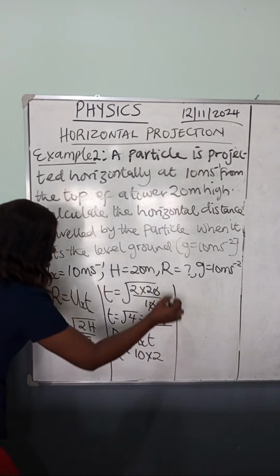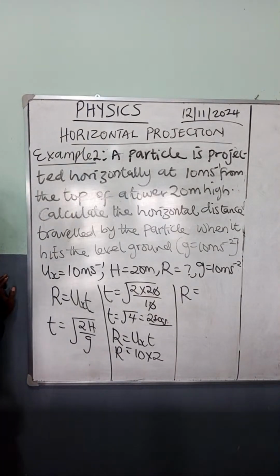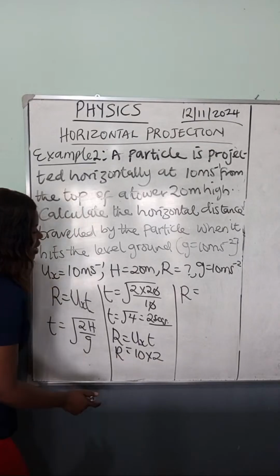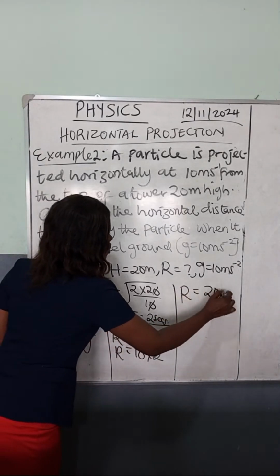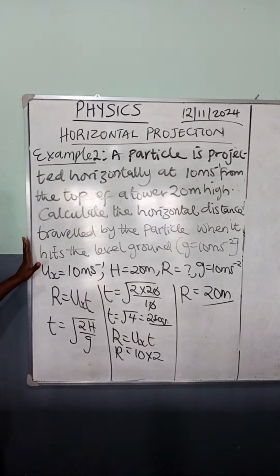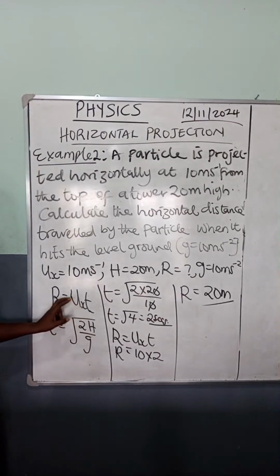So when I multiply, I'm going to have 20. 2 times 10 is 20. Okay, so that is how we get our range. You can see that in this question, they want you to have the knowledge of time of flight, and when you get the time, you now apply it here to get the range.